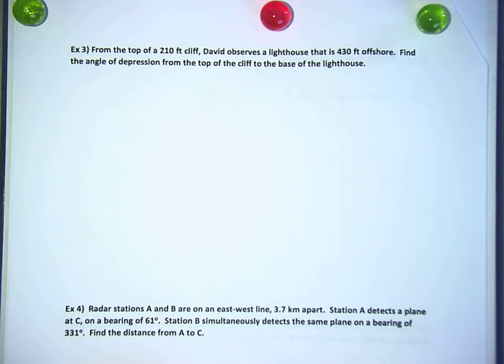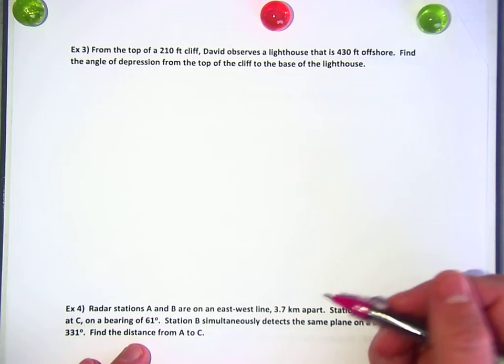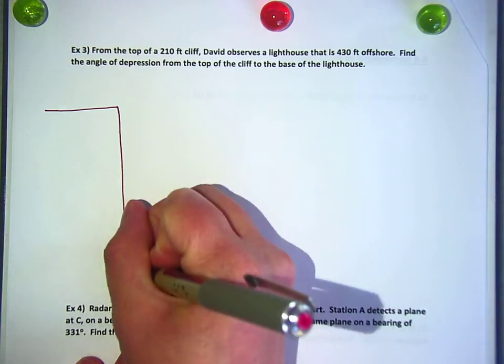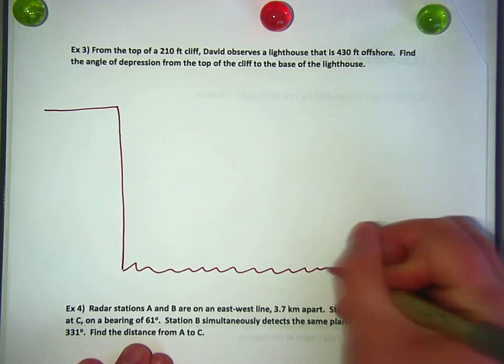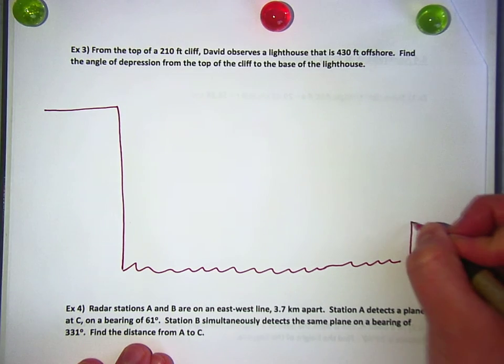From the top of a 210-foot cliff, David observes that a lighthouse is 430 feet offshore. All right, so we got a cliff, and then there's some ocean, and there's a lighthouse.